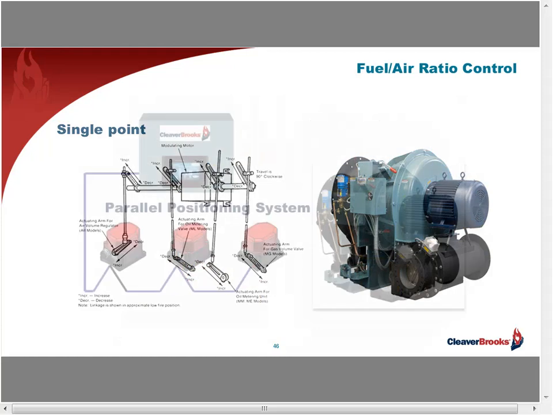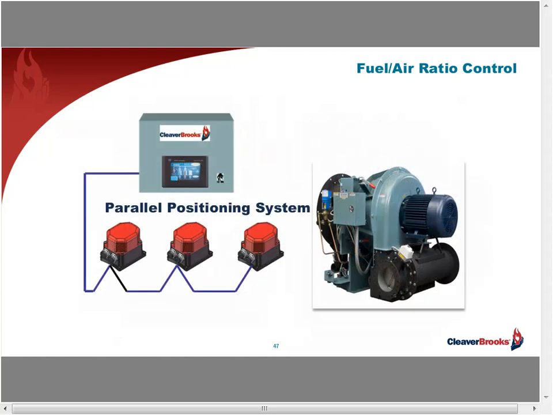So consider adding a parallel positioning system, replacing the rods and linkages with motorized actuators and a central controller for accurately metering fuel and air throughout the burner's turn down. Remember, an increase of 2% O2 or excess air equals a 1% loss in efficiency. These systems can pay for themselves very handily if the conditions are right.